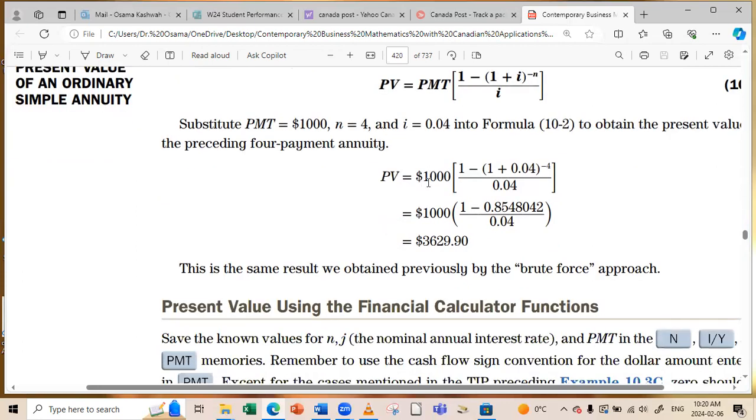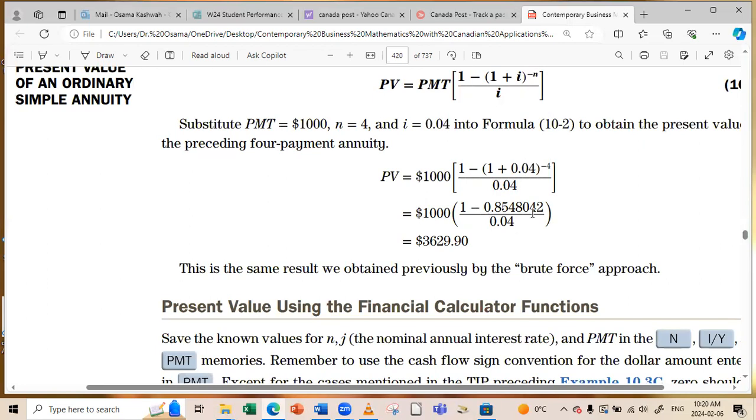So you finish it with the calculator. The principal is 1,000, and we have the interest rate of 4%. So here we say 1,000 multiplied by 1, which is constant, minus 1 plus 0.04, which is the interest rate, power minus n, and n we said is 4 annuities, divided by i, which is the interest rate.